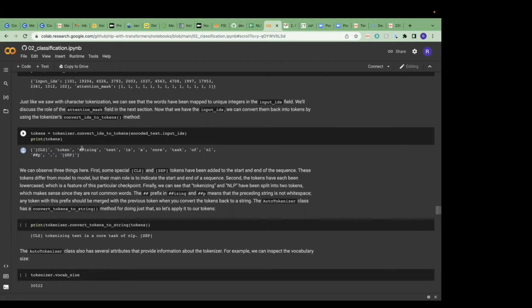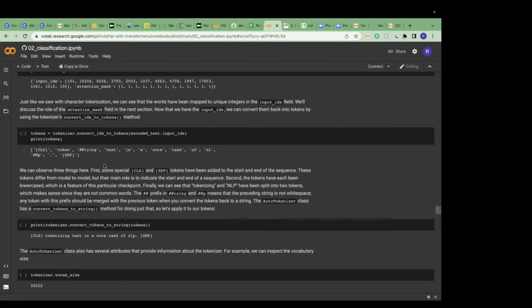Then they split token into token and its ending, izing, so tokenizing. Then these are just words: text is a core task of. Then they split NLP, for some reason, into NL and then P as a separate token.